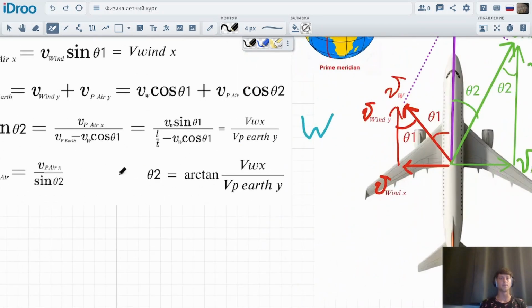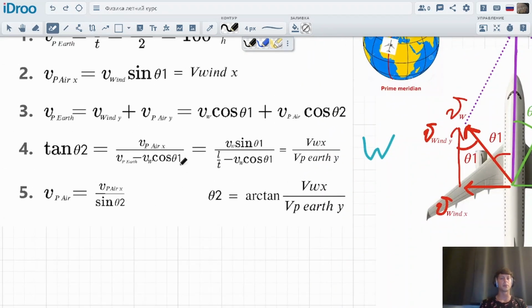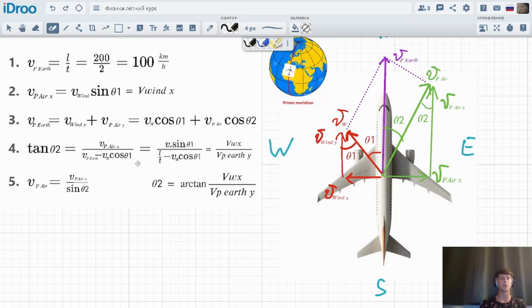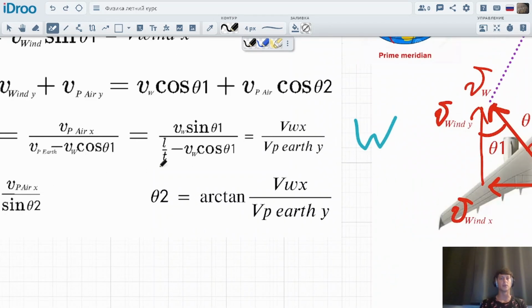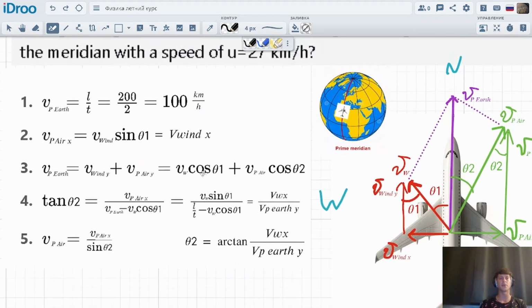Let's rewrite them. The horizontal component of the velocity of the plane relative to air also equals the horizontal component of the velocity of the wind. And the velocity of the plane relative to Earth equals L divided by T. Let's substitute these things, and we can see that we have everything.